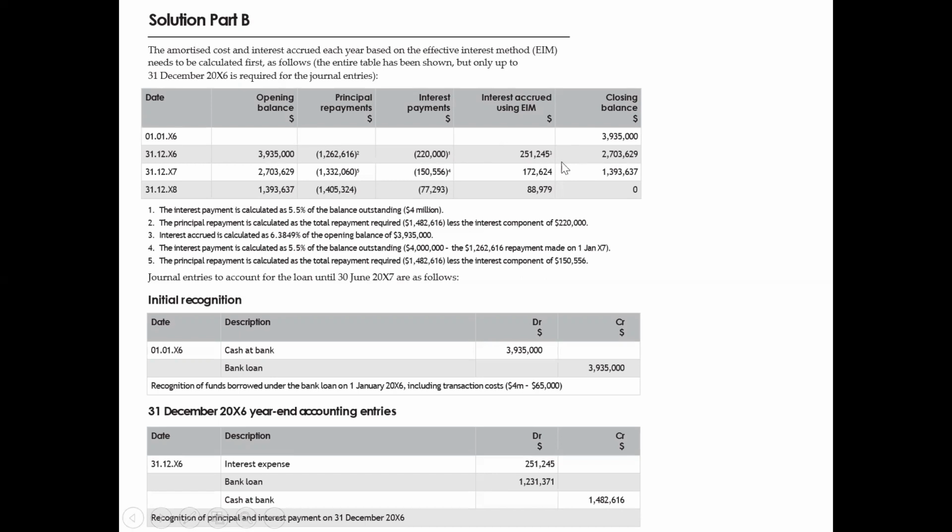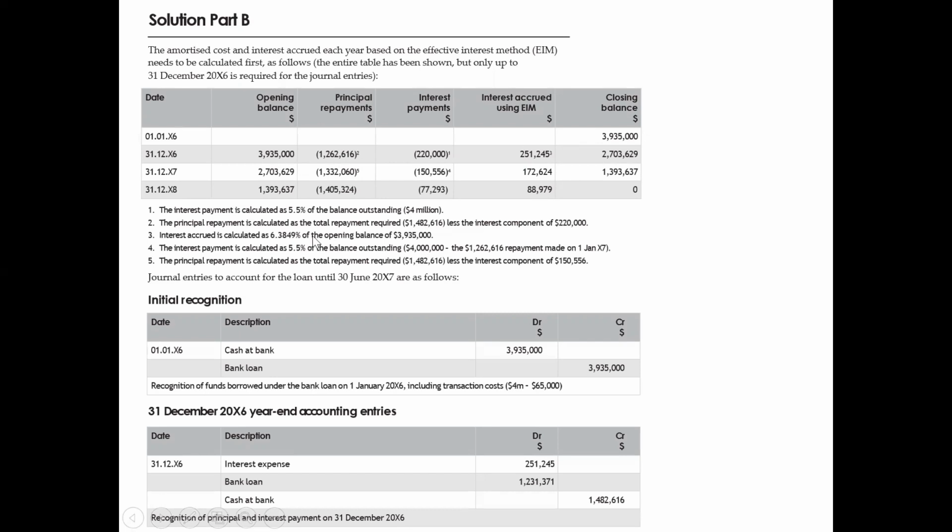And then when we go into the next year, okay, how we calculate the new interest payment is that we need to take how much of the loan was paid back. Right, so we started with the loan that was worth 4 million, but we paid back 1.262 million in the first year.